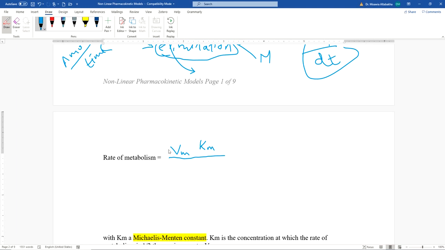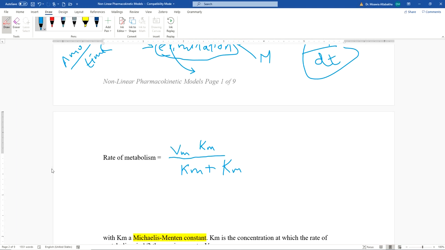So it becomes Vm times Km divided by Km plus another Km. Why? Because I will consider my concentration Cp to be equal to the Km. And what is Km? We said it's the concentration at which the rate of metabolism is half the maximum rate.